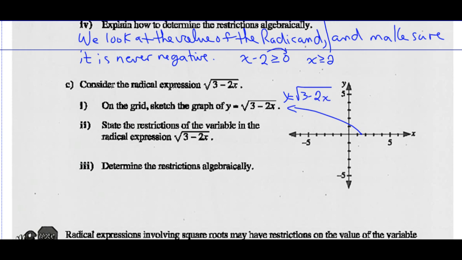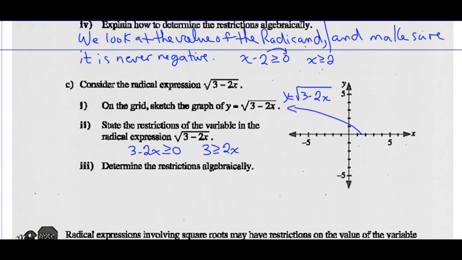State the restriction of the variables in the radical expression. So let's look at this thing. 3 minus 2x must always be greater than or equal to 0. So if I want to solve that as an inequality, I'm going to add 2x to both sides. So I get 3 is greater than or equal to 2x.